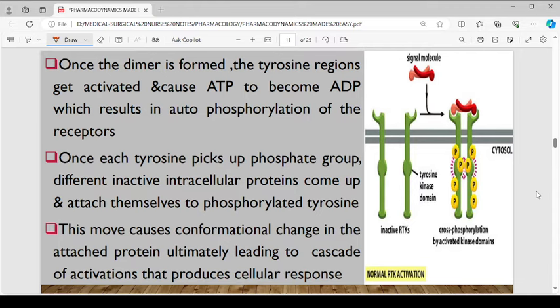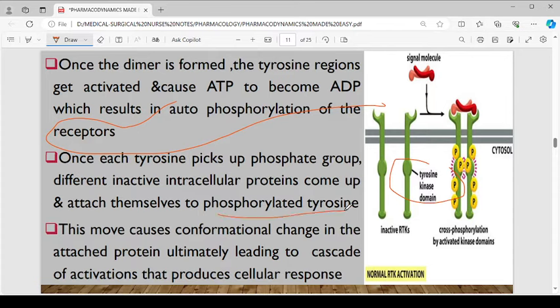So once this dimer is formed, the tyrosine kinase regions will get activated and cause ATP to become ADP, which results in autophosphorylation of the receptors. Remember, once each tyrosine picks up a phosphate group, different inactive intracellular proteins will come up and attach themselves to this phosphorylated tyrosine.